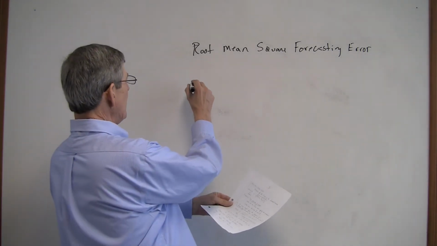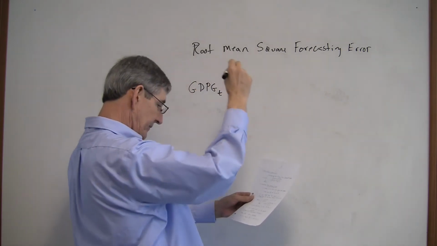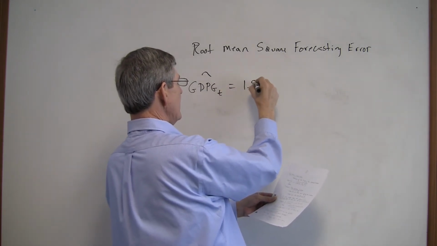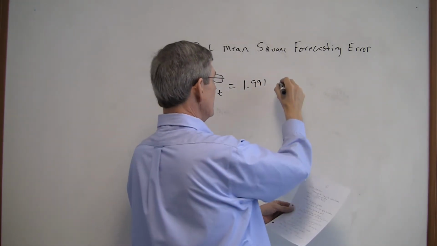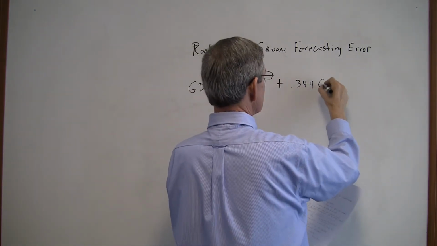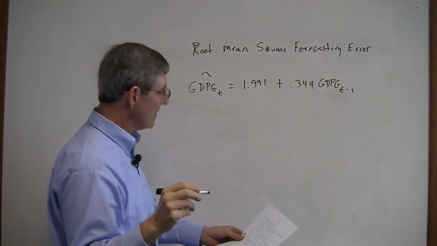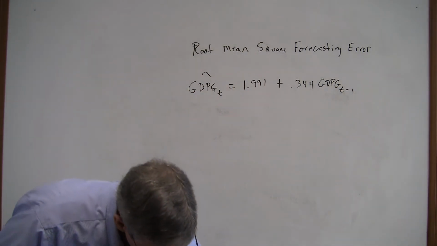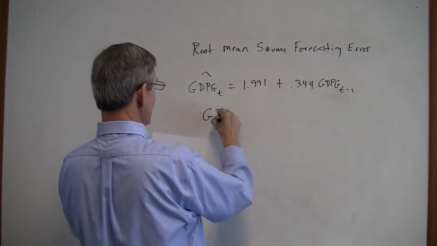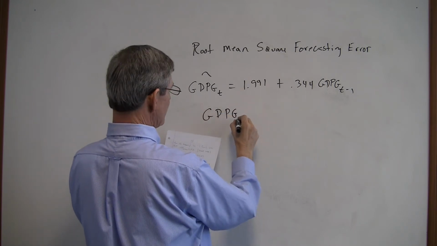They look at an example where they estimate GDP growth at t is 1.991. I think we wrote this down earlier, plus 0.344 times GDP growth at t minus 1. Then what you could do, the last data point is 2012.